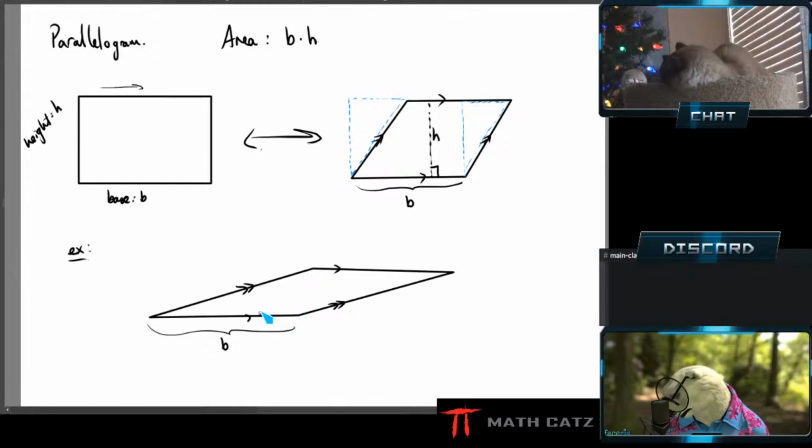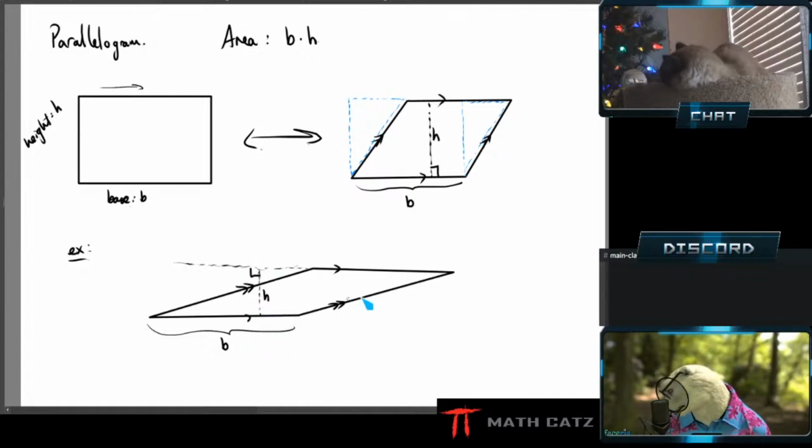And now if I go up from that, I don't even get to that side. I have to extend it. I have to extend the parallel side further to see the perpendicular distance between the two parallel sides. Regardless, I would need to have that distance between the parallel sides.